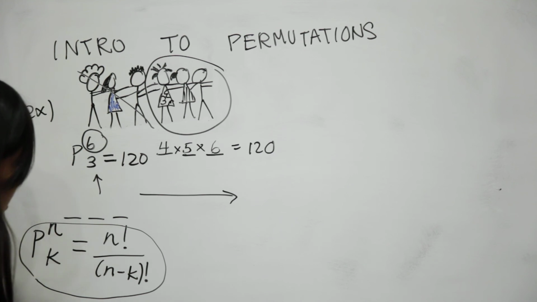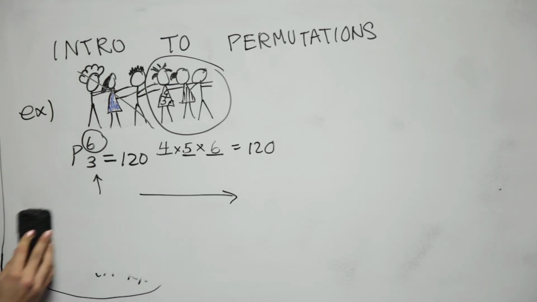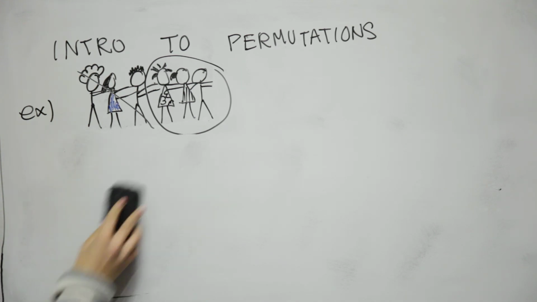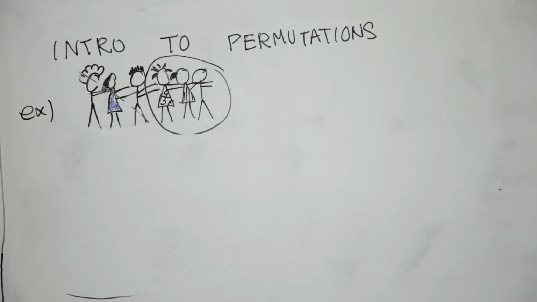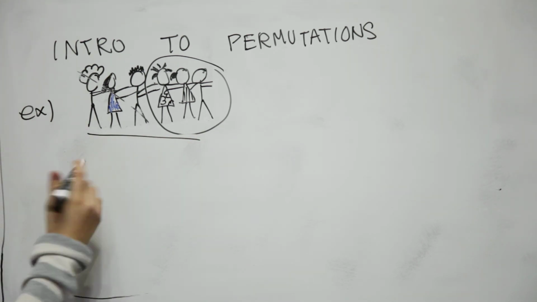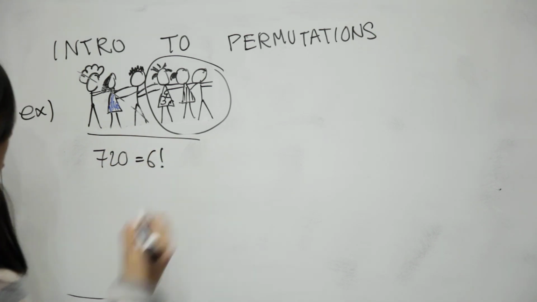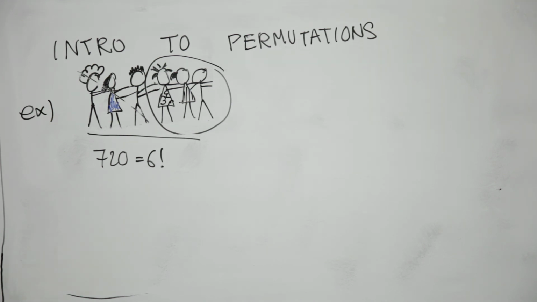But let's just double check to make sure this formula actually works. Let's think back to the original problem again. We want 6 people again. And remember, we said that there are 720 ways, or 6 factorial ways, to permute 6 people in this Congo line, or human train.